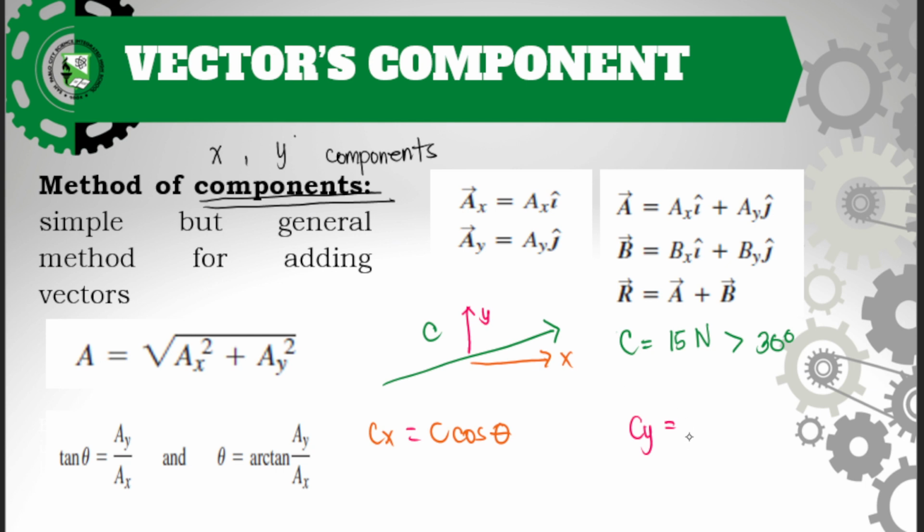So, this is always applicable in finding the x component, kahit anong direction yan. Ito yung equation. For Cy naman, C sine theta. So, paano po ito kino-compute? Let's start with the x.